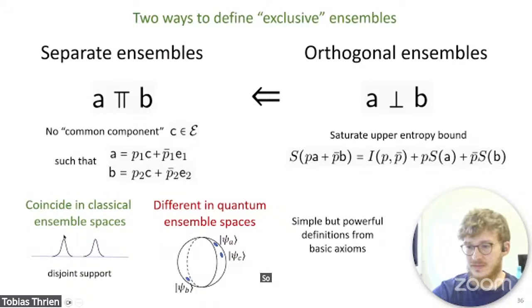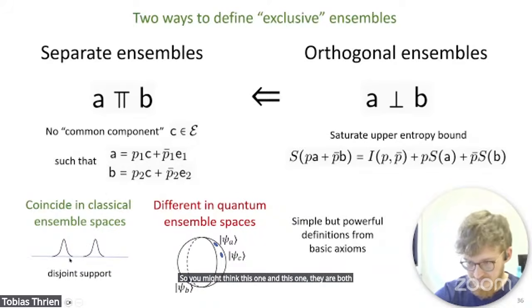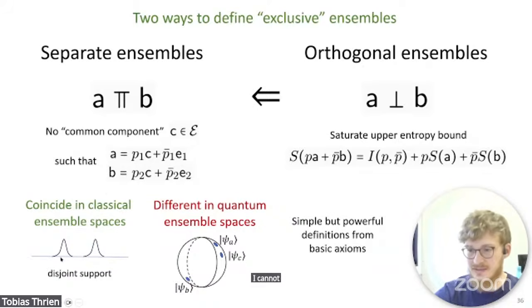So you might think this one and this one, they're both separate. I cannot find a non-zero probability distribution that will be part of both. And also they are orthogonal.